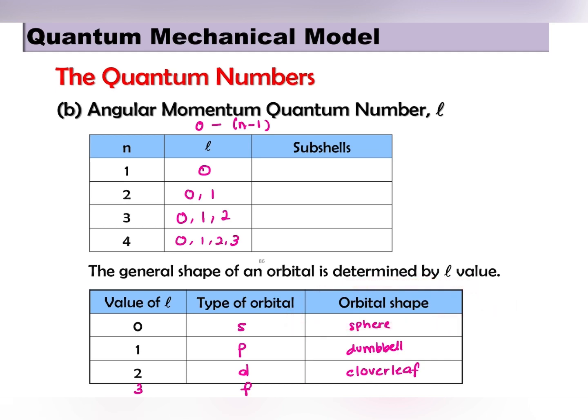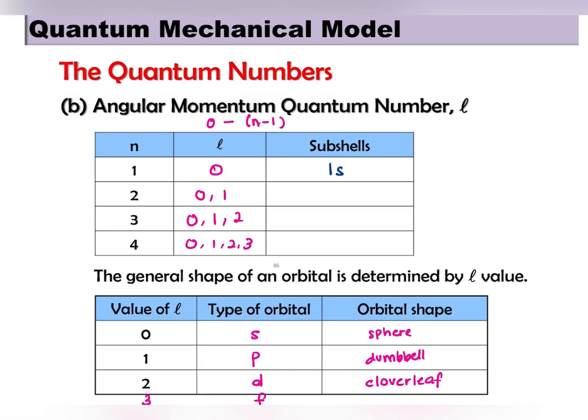Okay, so let's fill in this blank. So, tadi kita dah belajar untuk n equals 1. So, subshell yang boleh ada dekat sini hanyalah 1, and then 0 represents S orbital. So, 1s subshell sahaja yang boleh wujud. Okay, so for n equals 2, kamu ada S dan p.